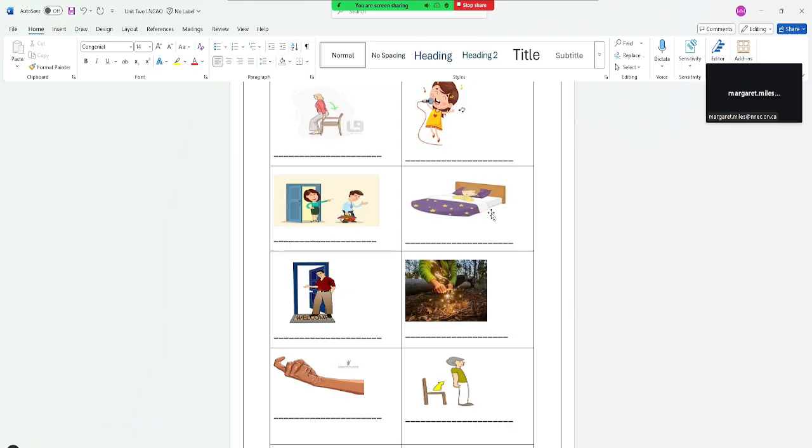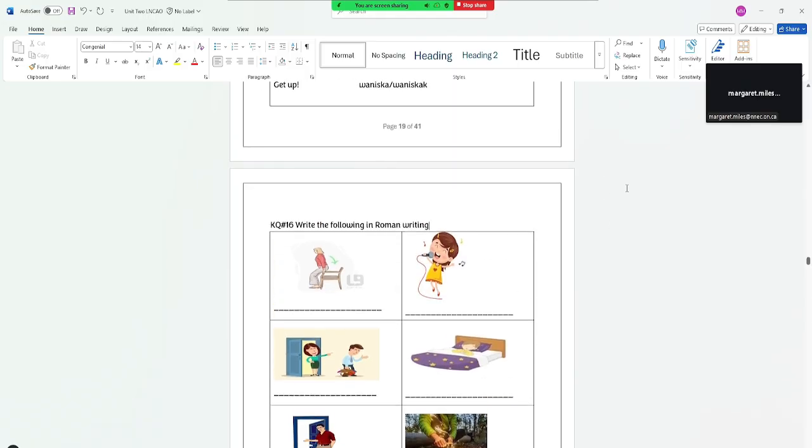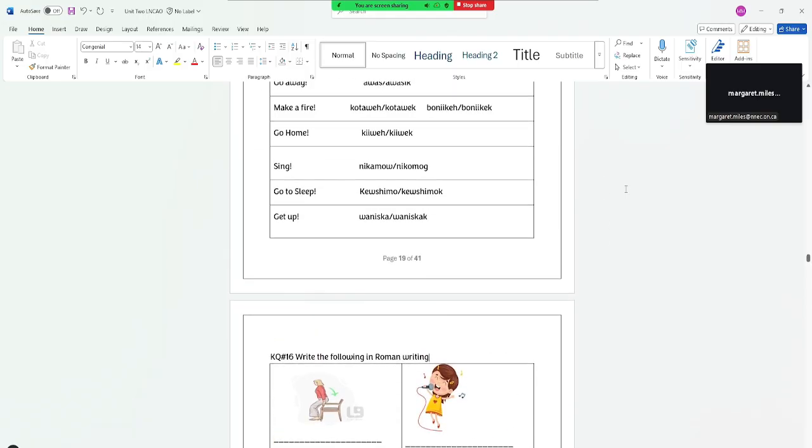Actually, we missed two words here because they didn't show up. The other word was kwesimo, kwesimuk, for go to sleep.